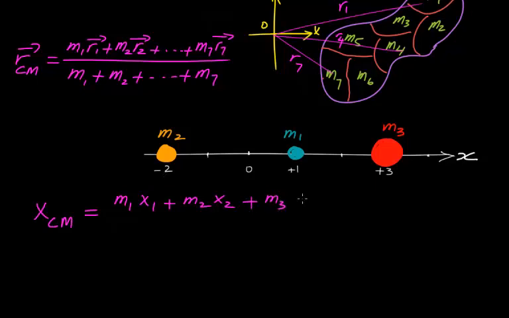Plus M3 times x3, which is from the origin to where M3 is located, which is +3, divided by the sum of the masses, M1 plus M2 plus M3. If you have more, you keep adding. Like that.